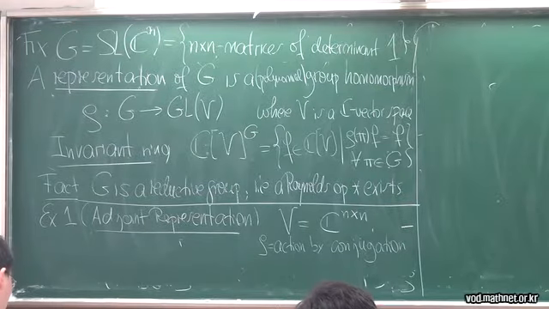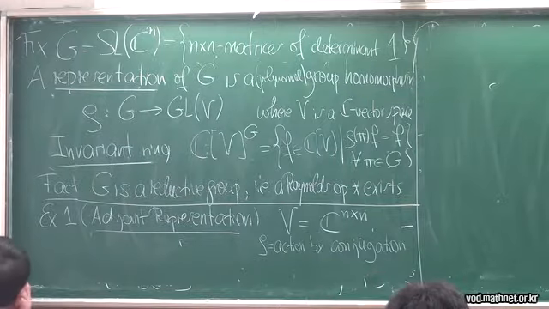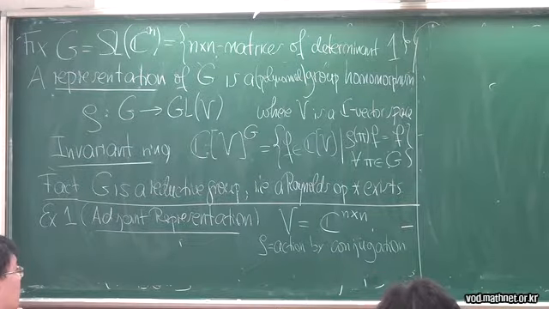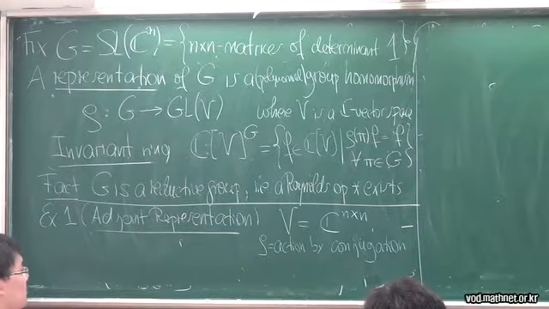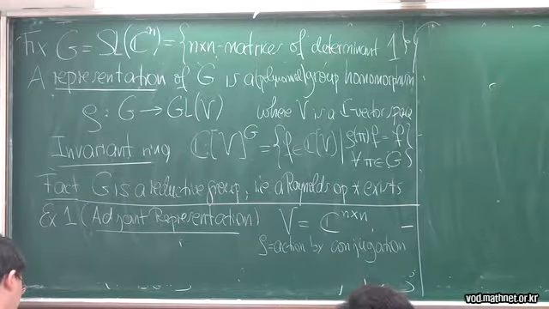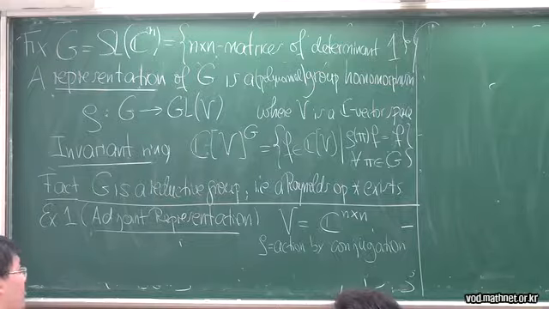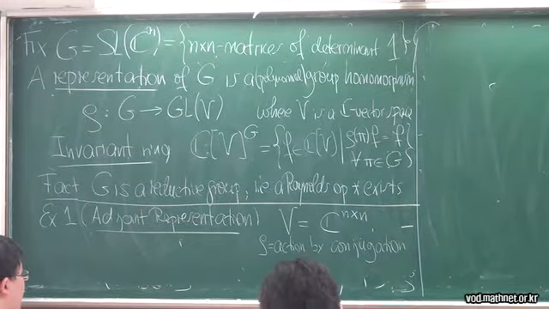But since pi is in SLn, pi inverse is given by a polynomial. Is that clear? So pi inverse is a polynomial function of pi, a polynomial of degree n minus 1 in each coordinate, called the adjoint. So therefore, this action is a polynomial representation.